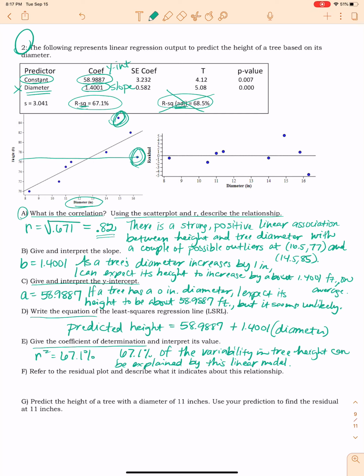All right, part F, refer to the residual plot and describe what it indicates about the relationship. I've got my residual plot right here, and it doesn't appear as though there's an overall linear pattern or an overall quadratic pattern or anything like that. So I think it's perfectly acceptable to say that it is scattered about the x-axis.